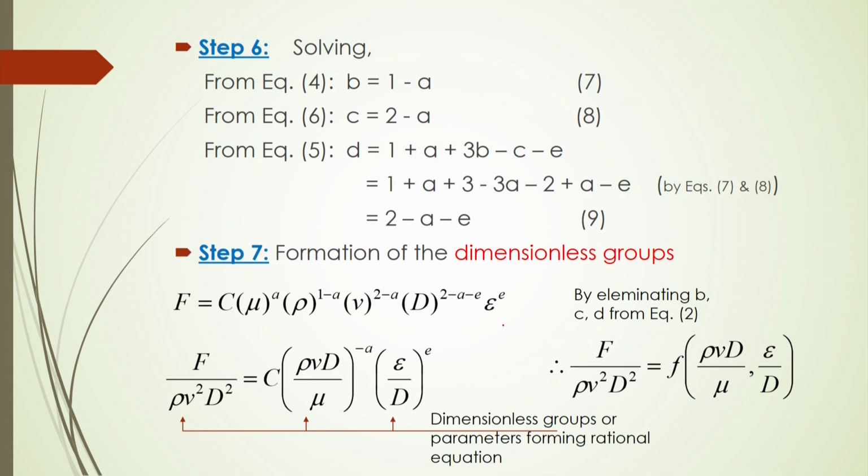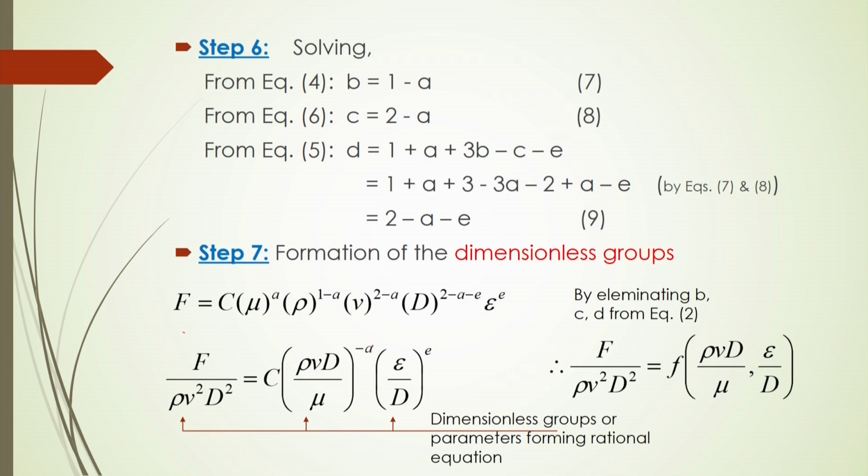Now, from this equation, f will be equal to what? In this case, you can rearrange this based on the exponents. If we rearrange based on the exponent, what will be the a exponents?